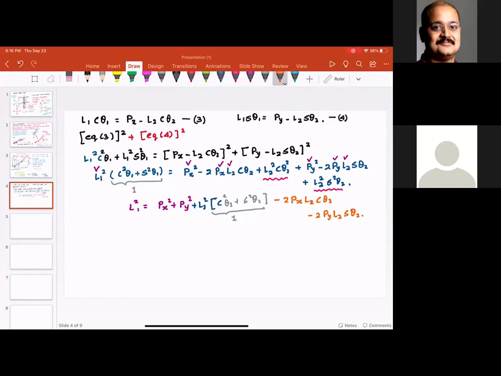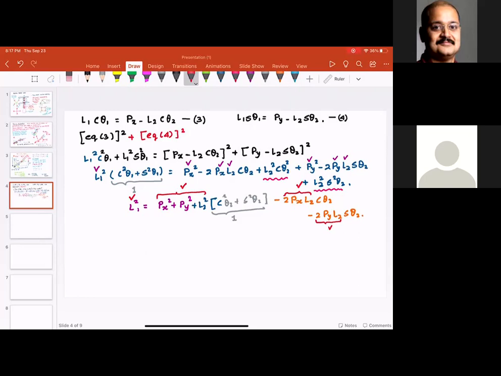Again, I just want to clarify, and please pay attention. L1 square is constant, that is known. This entire term is known. This term is known. So please understand the last term here is also known.